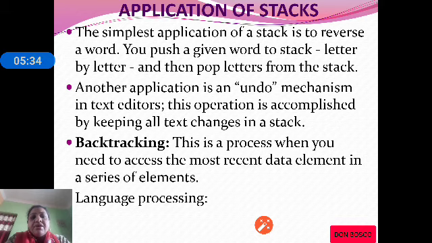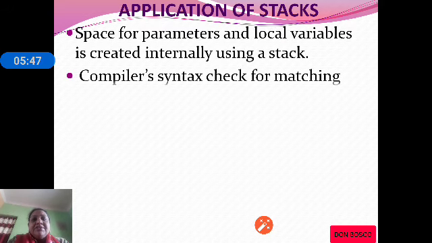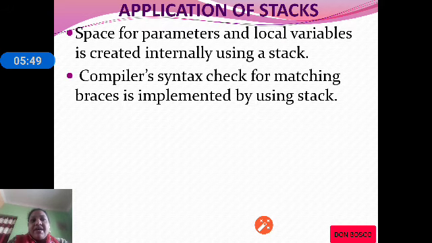Then we use stacks in language processing. Let us see what the use of the stack is in language processing. Space for parameters and local variables is created internally using a stack. So whenever functions or programs are used, stacks are used to store the data.